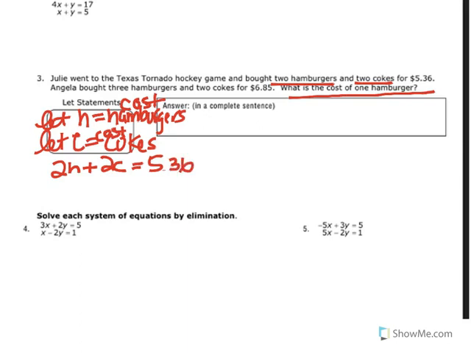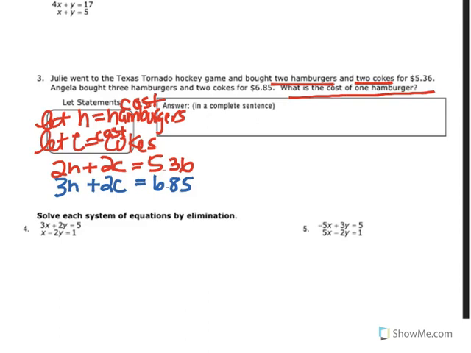Now let's look at what Angela bought. She bought 3 hamburgers and 2 Cokes, and hers cost $6.85. Now, again, we need to look the equations over and ask ourselves, what can we do to make one of these variables eliminate?